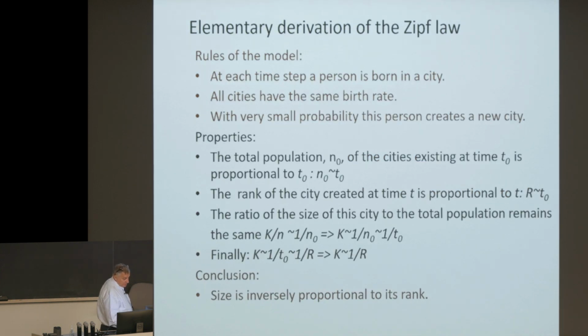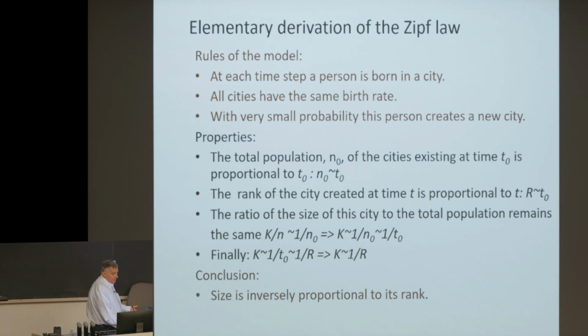So you can very easily imagine how this Zipf plot appears, because you can have a very simple model of the formation of these cities. You can assume a minimalistic model of this process, which has just two factors. One is that the population of each city grows in time, and we assume that the growth rate of each city is the same.